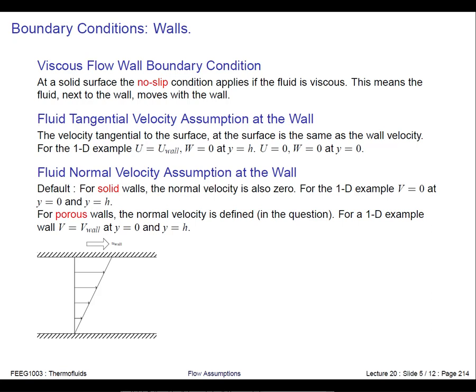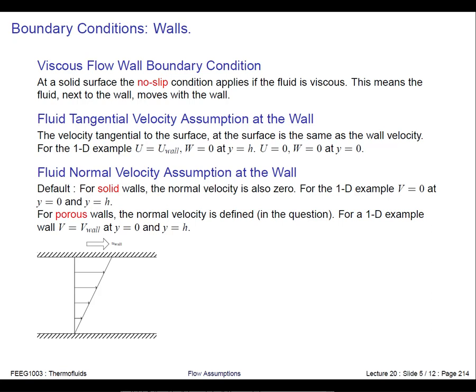And for the normal component, there are two boundary conditions depending on the type of wall. If it's a solid wall, obviously there's no flow through the wall, and so the normal velocity component at the wall is 0 as a boundary condition.